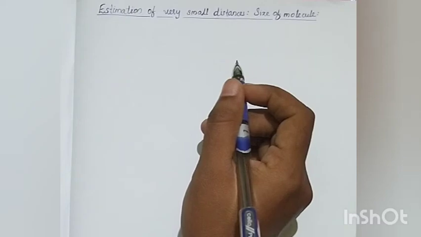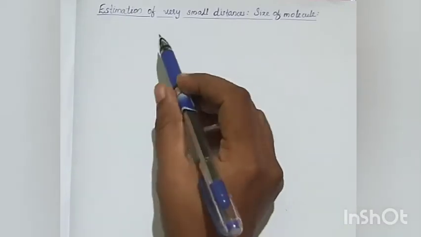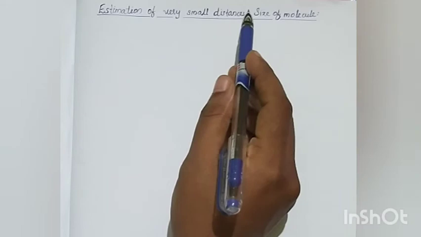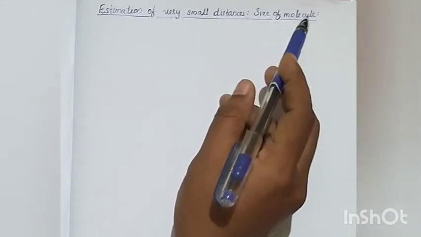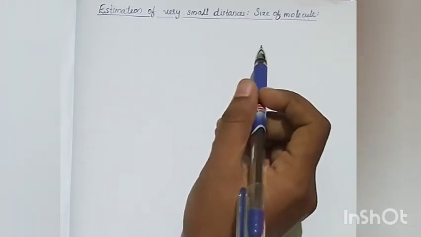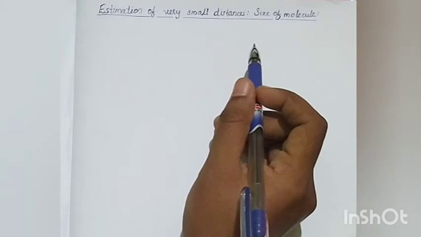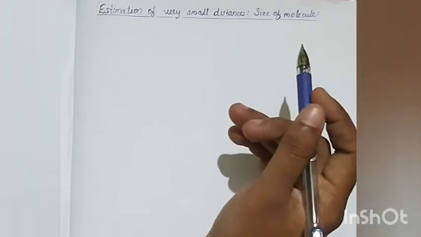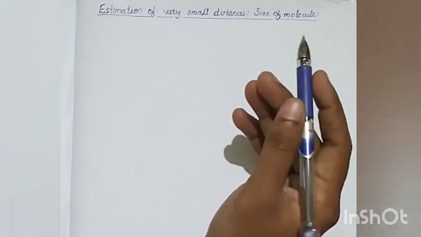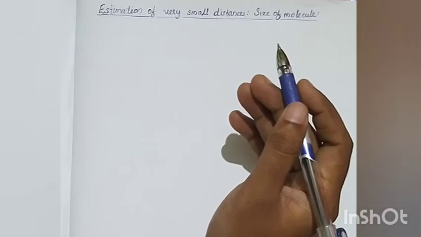Now we are going to discuss the estimation of very small distances, like the size of a molecule. We know that using practical measuring instruments, we can measure up to an accuracy of 10 raised to minus 4 or 10 raised to minus 5.